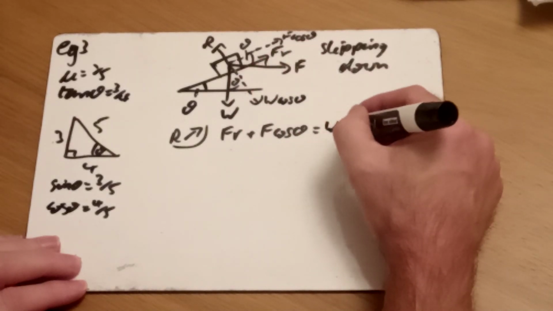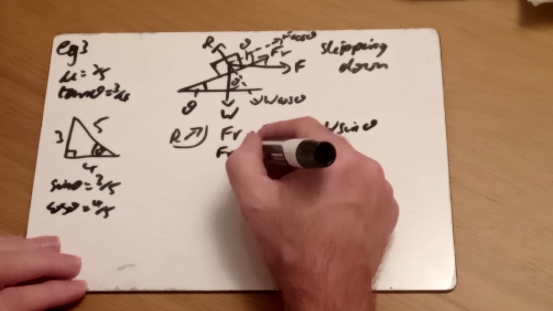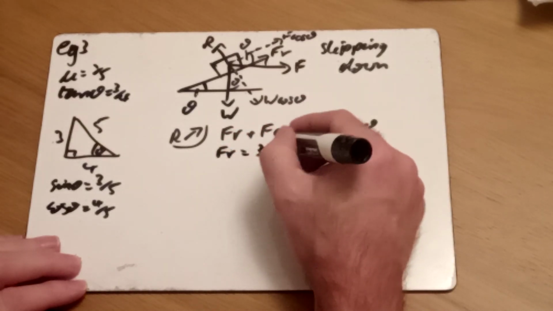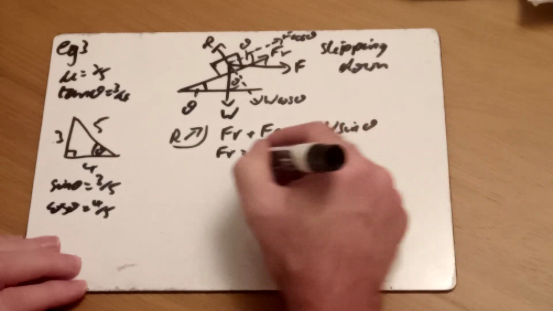So going down the plane will be W sine theta. What will friction equal then? It will be W times 3/5, 3W/5 minus F times cos, 4F/5. There's my friction.